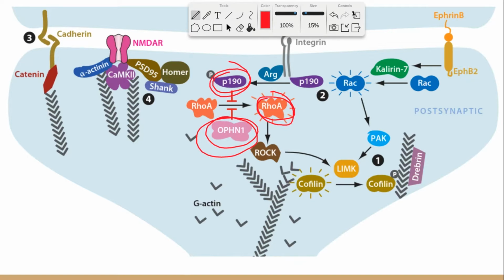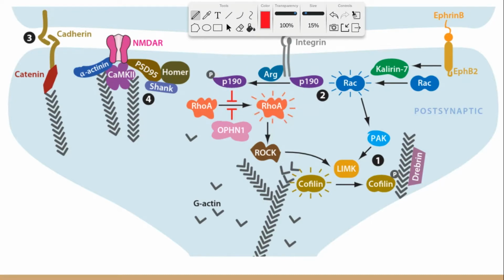So OPHN1 is very interesting because its mutation actually results in constitutively active RhoA and thus ROCK-mediated depolymerization. So OPHN1 is linked to constitutively active RhoA because it can't remove its GTP. And not surprisingly, OPHN1 mutations cause mental retardation, likely because of this specific loss of function interaction.